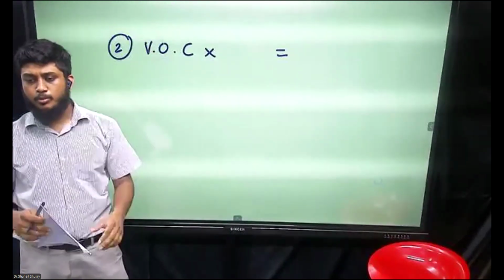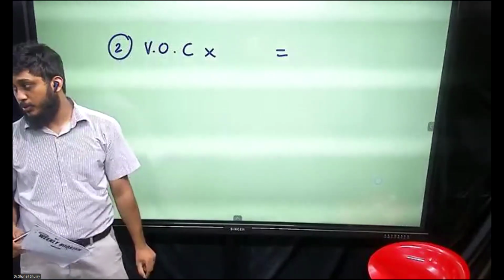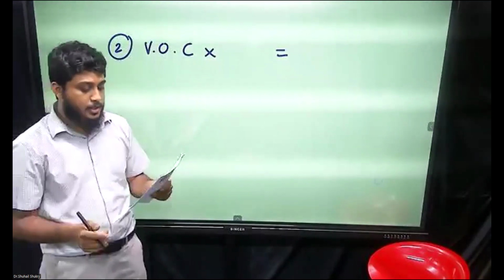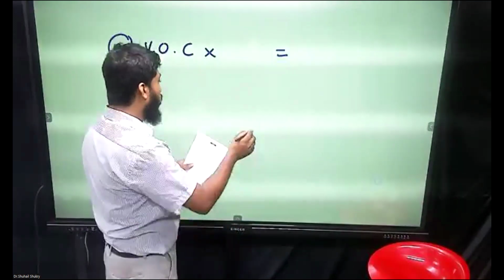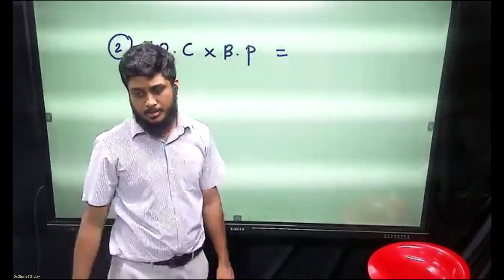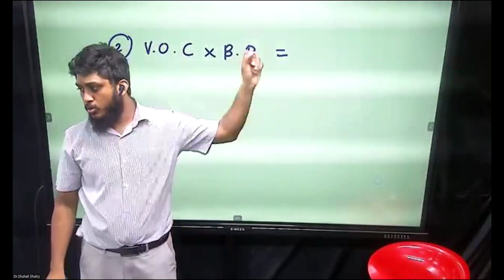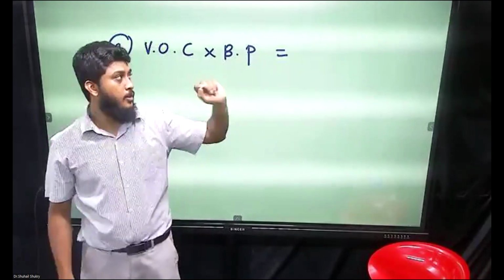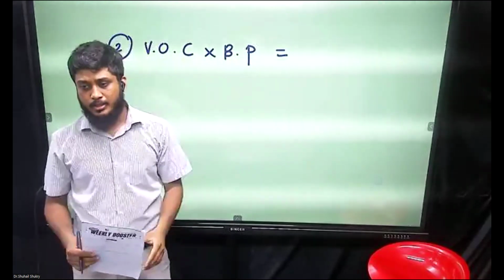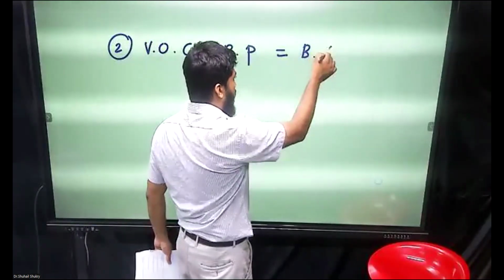You can put anything, whatever. But don't write while I'm speaking, you should listen. Second, what percentage is here? Brokerage percentage. We haven't learned something called brokerage percentage. No need to learn something like that, but we should know to put those words and use them. If you write brokerage percentage here, you should write the output will be brokerage amount.